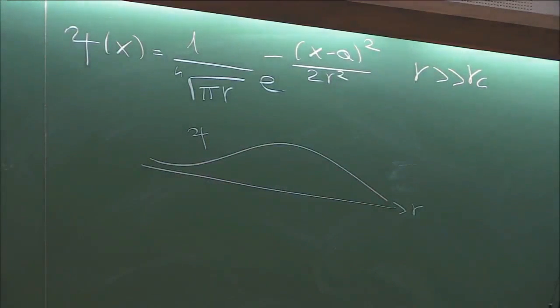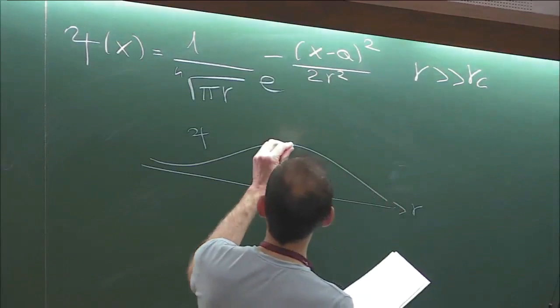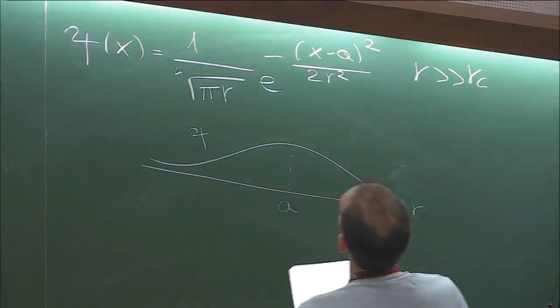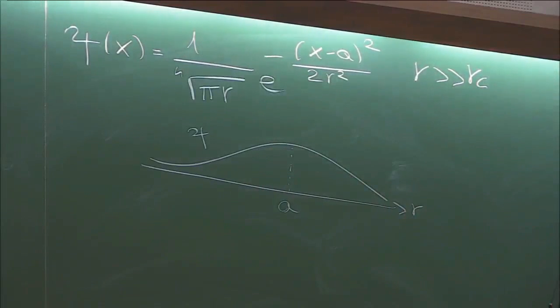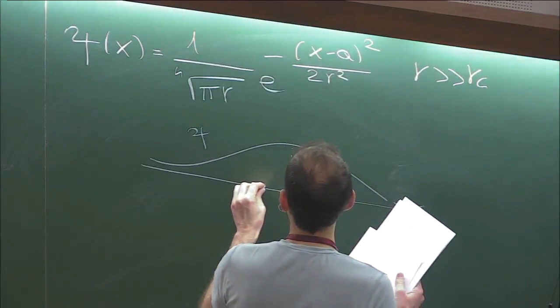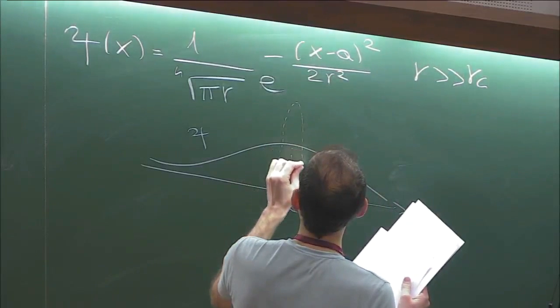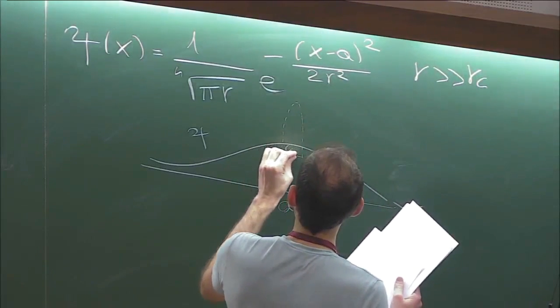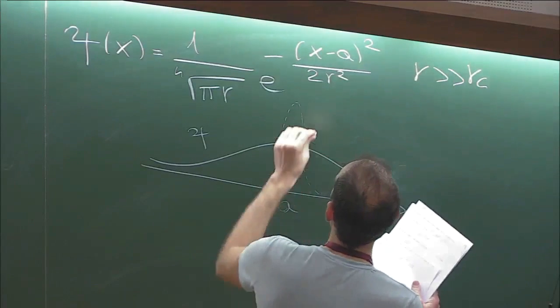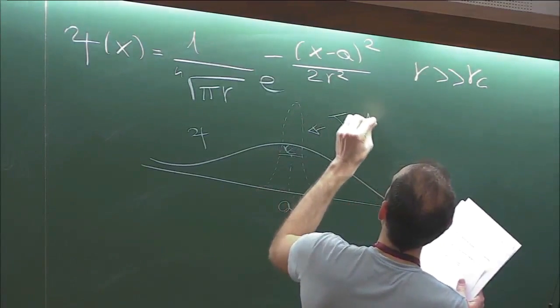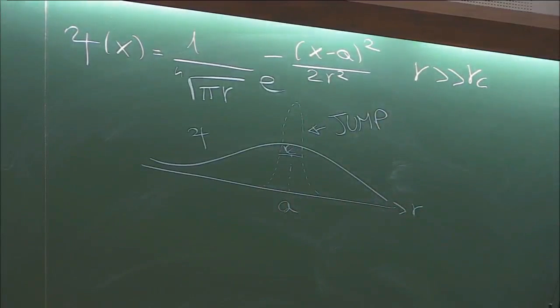It's well spread out in space. The spread is much larger than our parameter RC, and it's localized around the point A in space. Then a jump occurs, and suppose it occurs exactly in the middle, just to make things simpler.